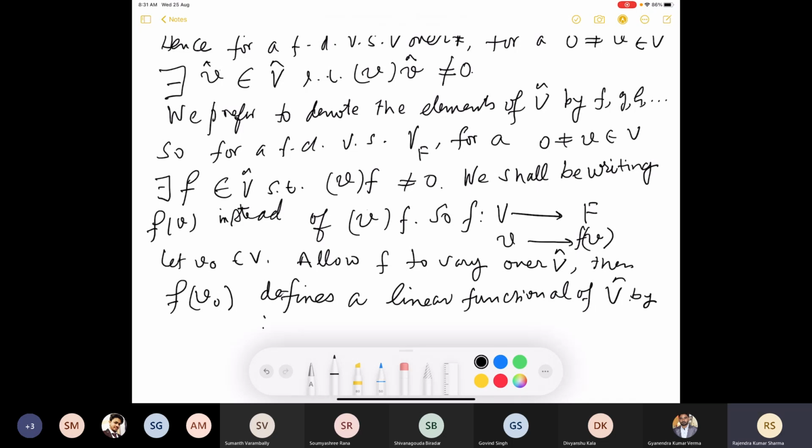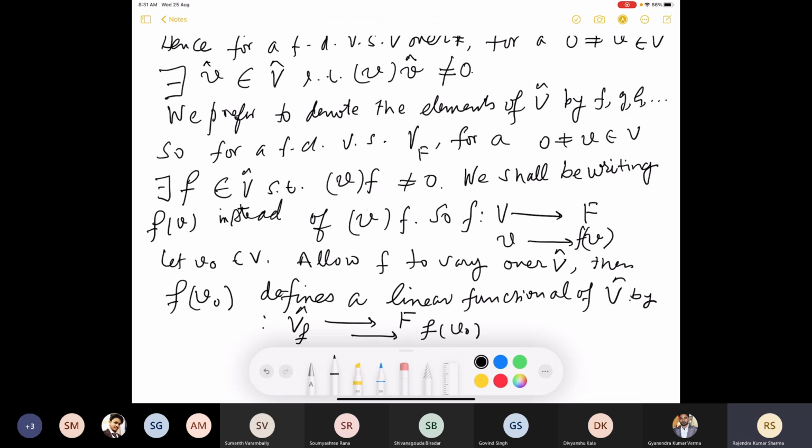So the map is from v hat to F. So f goes to f(v naught), which is a scalar.